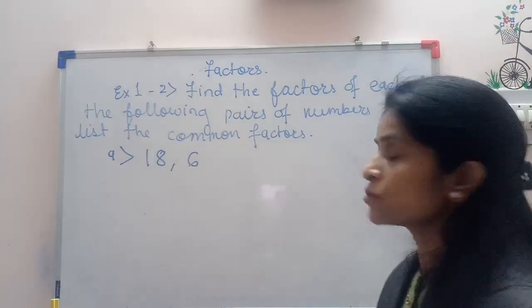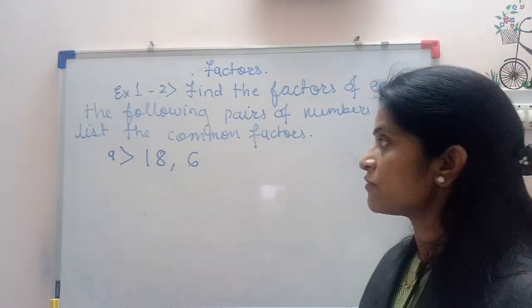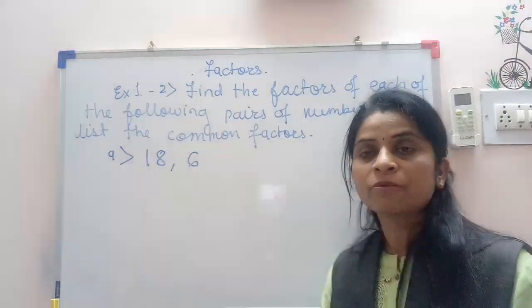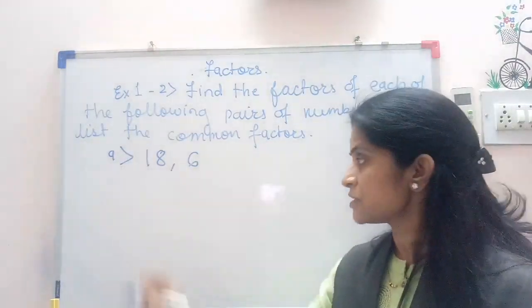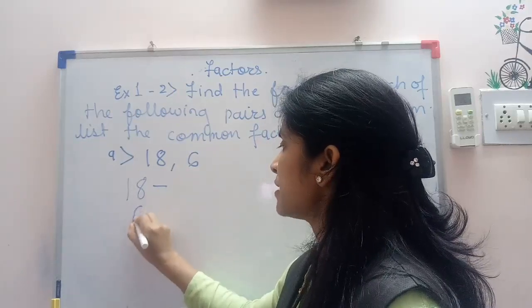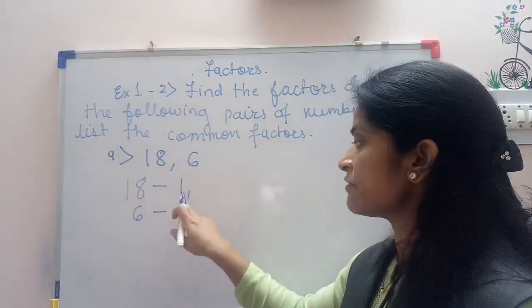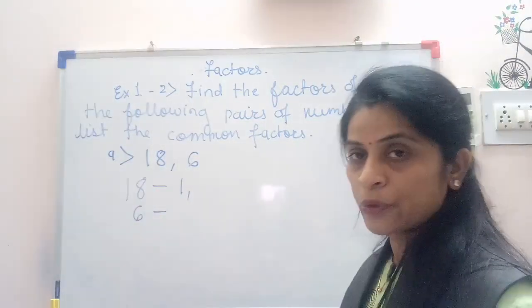Now let's see the solution for this example. Find the factors of each of the following pairs of numbers, then list the common factors. Now the pair given is 18 and 6. First of all, we have to find the factors of 18 and 6. Now when we divide 18 by 1, the remainder will be 0.